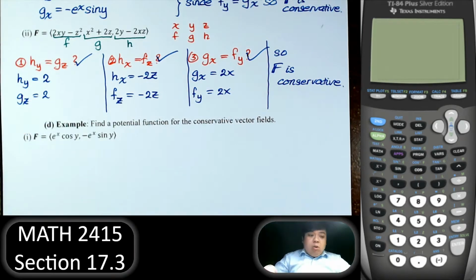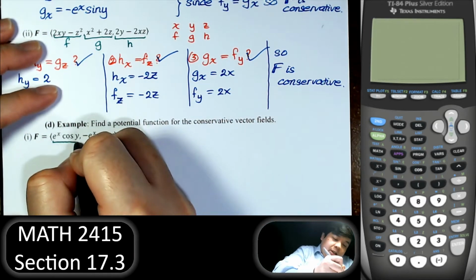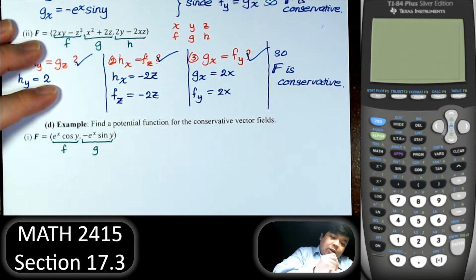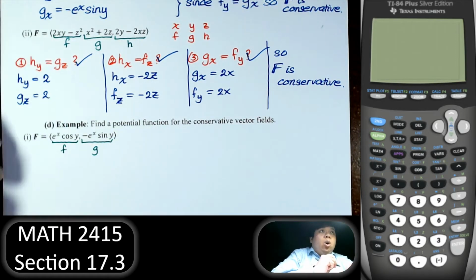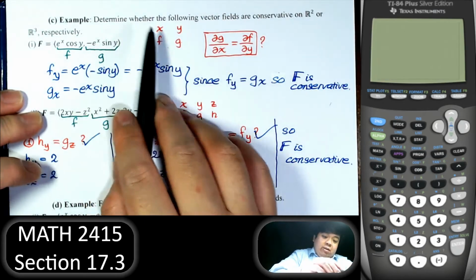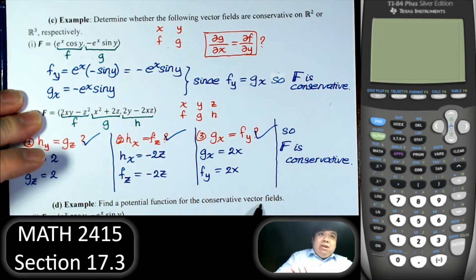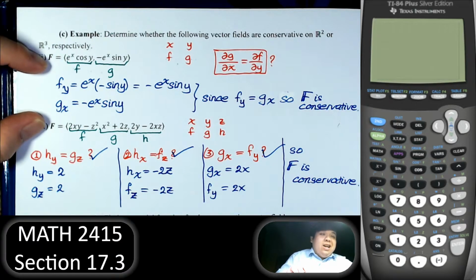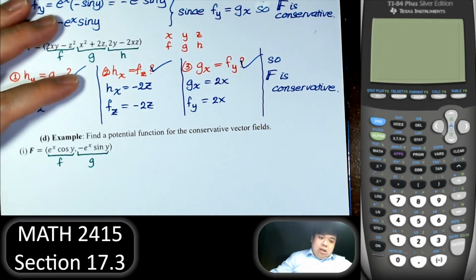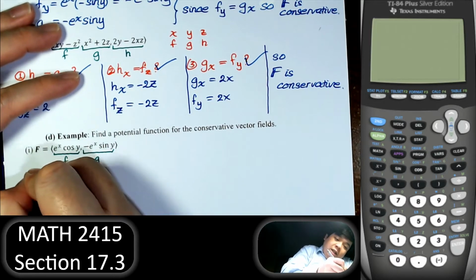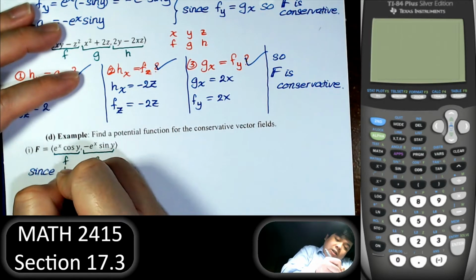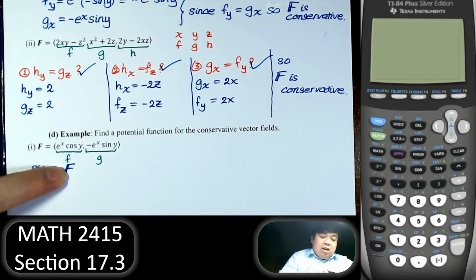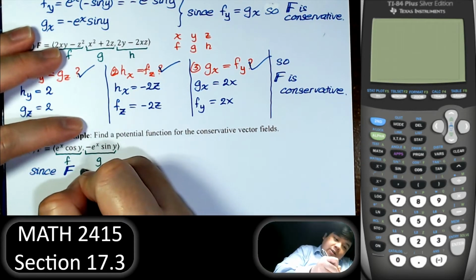So first of all, once again, we have this f, and this is g. Now, we know that this is conservative because it is given that the vector field is conservative, and we did verify that it is conservative. So we will write, since, the notation now is very important, the vector field f is conservative.